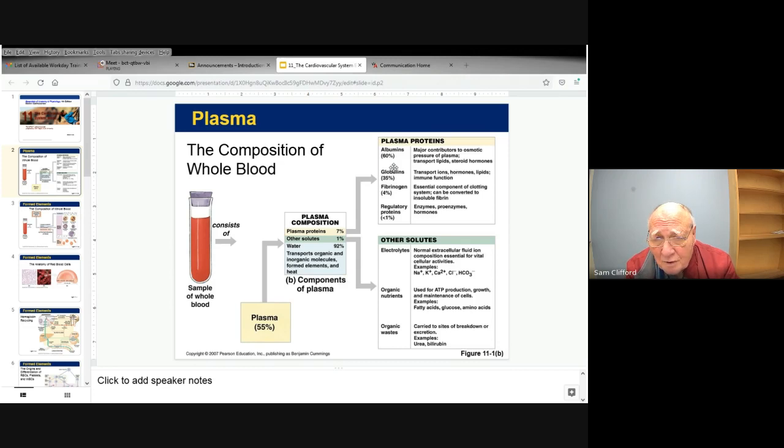Then fibrinogens for clotting, hormones, enzymes, electrolytes: sodium, potassium, calcium, chlorine, bicarbonate, and other compounds that are used: glucose for energy, amino acids, fatty acids used in protein production. So blood is a wonderful liquid that does all kinds of stuff.